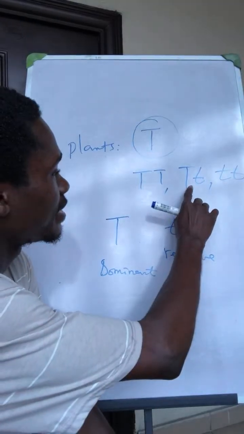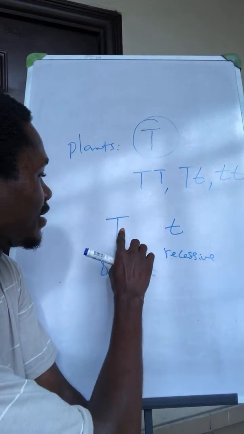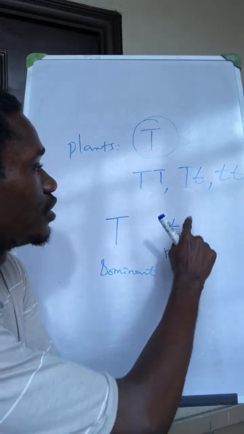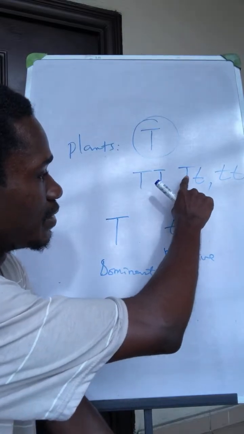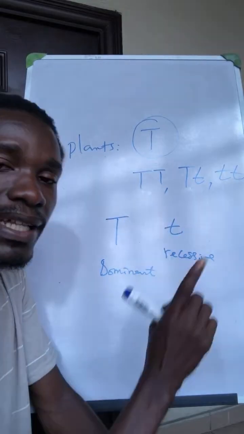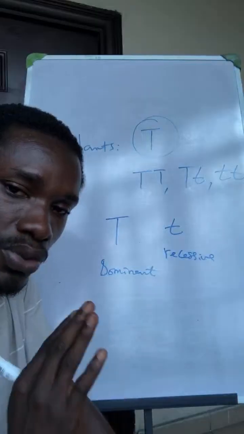So if the plant is big T, small t, the plant will still be tall, because the big T is dominant and the small t is recessive. If the plant is big T, big T, it will be tall. But if the plant is small t, small t, the plant will be short.